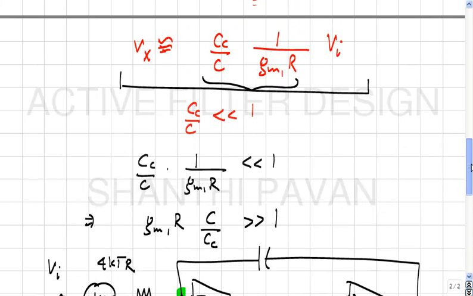So this is telling you that if you had a 2-stage Miller compensated structure, when compared to a single stage OTA, you are getting an additional benefit. The noise remains the same. But if you use the same first stage transconductance, adding a second stage and compensating it with CC is effectively multiplying up the first stage transconductance by a factor C by CC.